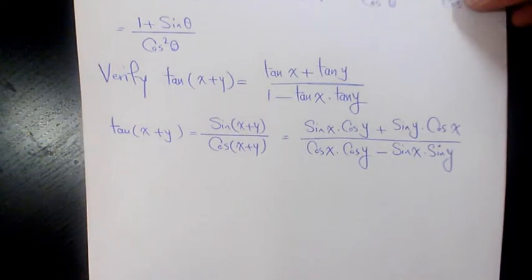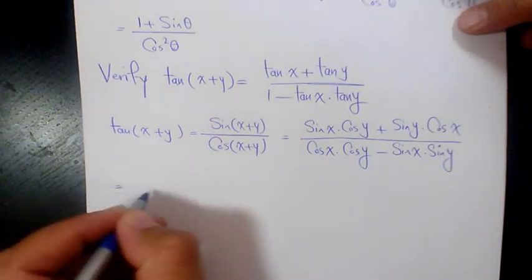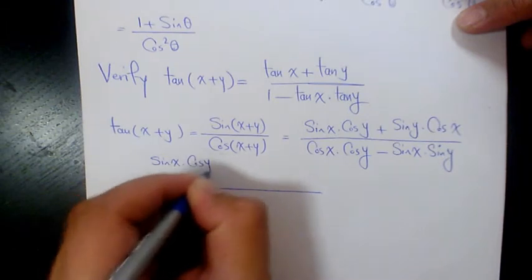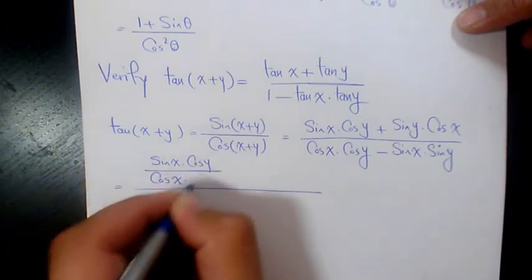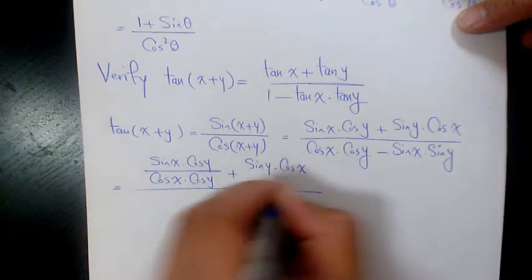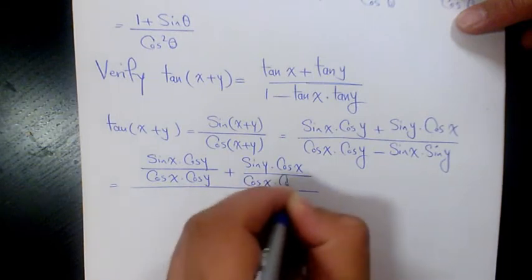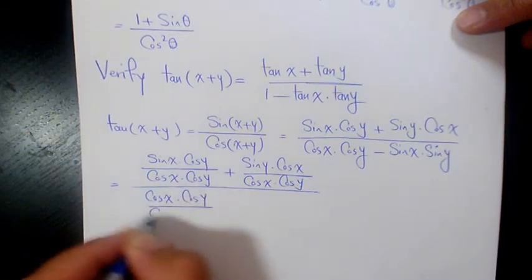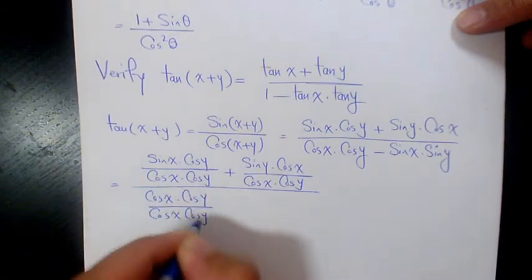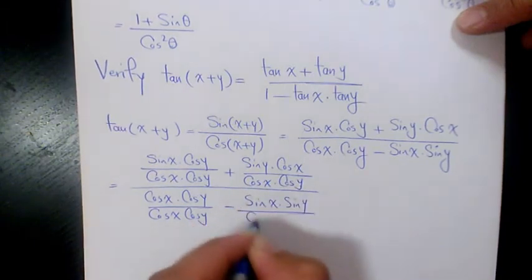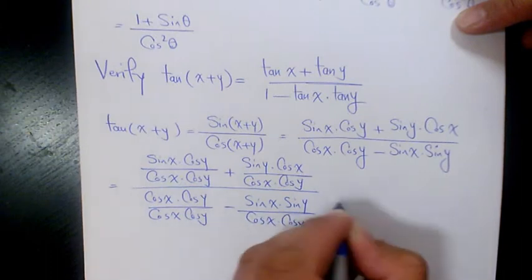Now, what I'm going to do is divide each term by cosine x cosine y. Sine x cosine y divided by cosine x cosine y plus sine y cosine x over cosine x cosine y, over cosine x cosine y divided by cosine x cosine y minus sine x sine y divided by cosine x cosine y.